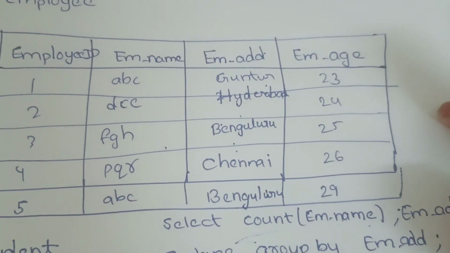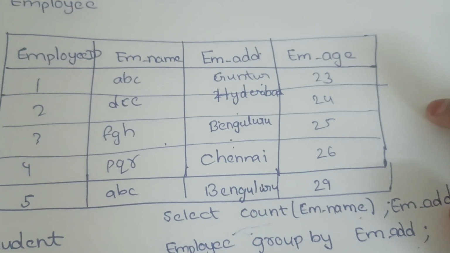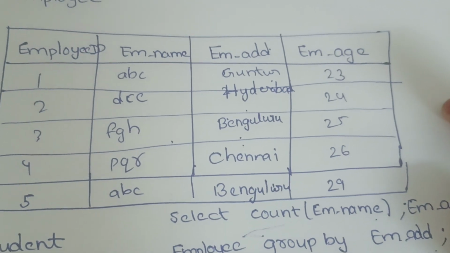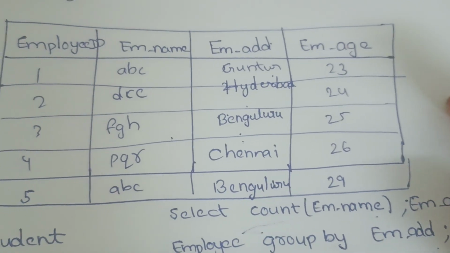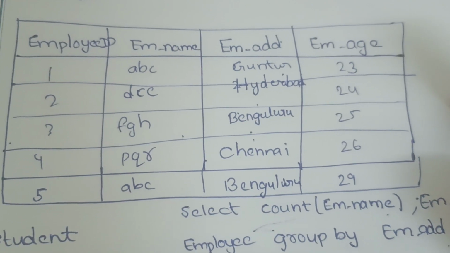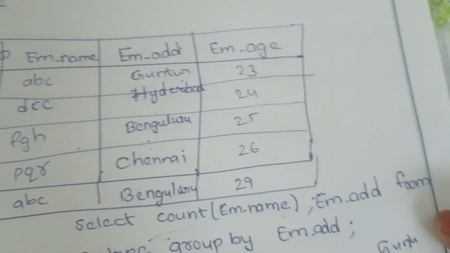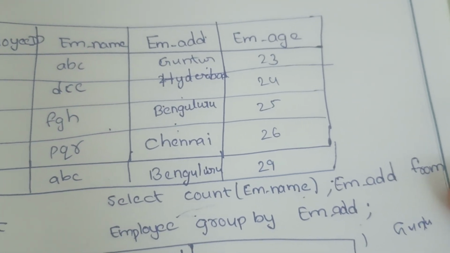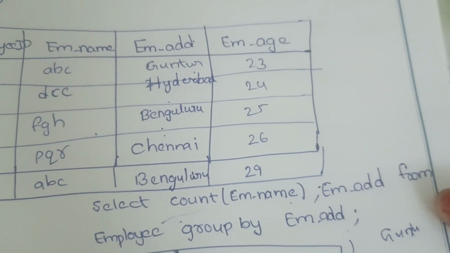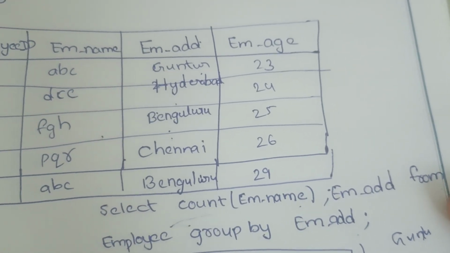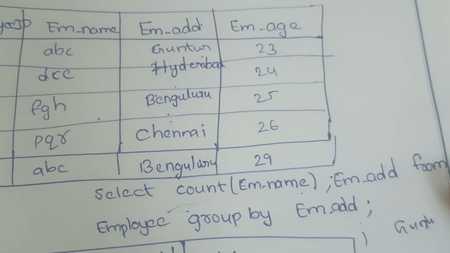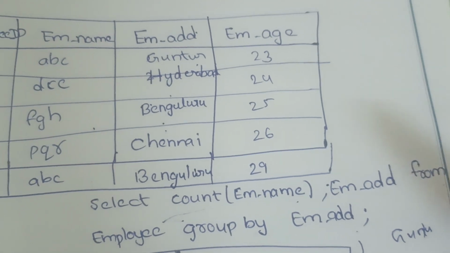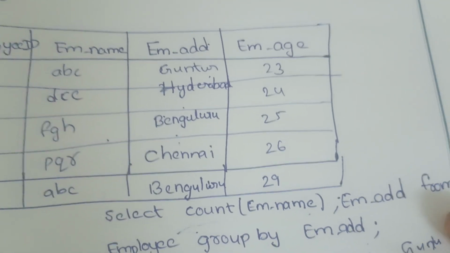If we need to know how many members are from Bangalore or how many are from Guntur, we can use a query like this: SELECT COUNT of employee name, employee address FROM employee, as this is our table name, GROUP BY employee address. Based upon employee address we are grouping.